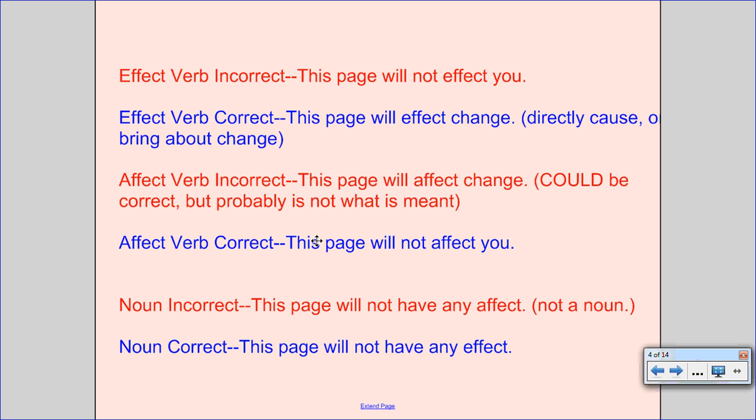The correct form would be: this page will not affect you. Once again, if we wanted to substitute have an influence on, we could rewrite the sentence as this page will not have an influence on you. Affect as a noun, incorrect usage: this page will not have an affect. Correct: this page will not have any effect. So that's the result of the cause. So the cause and the effect.